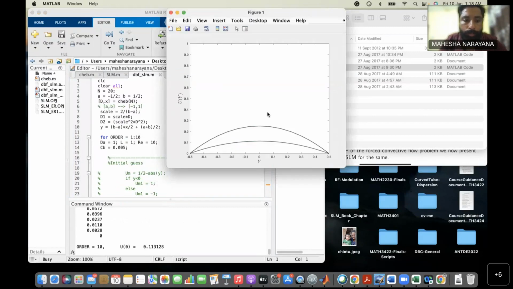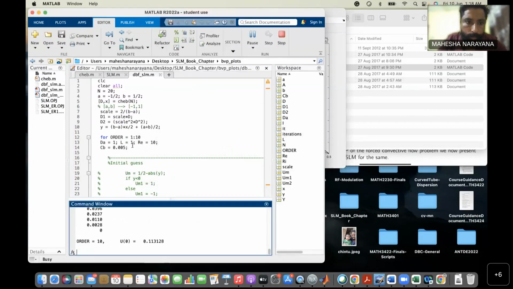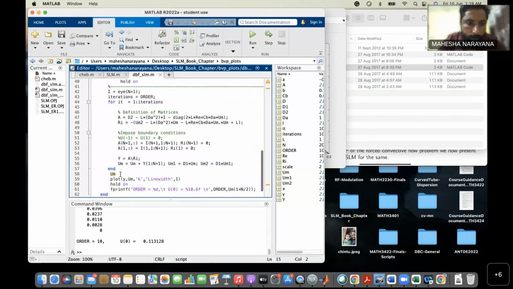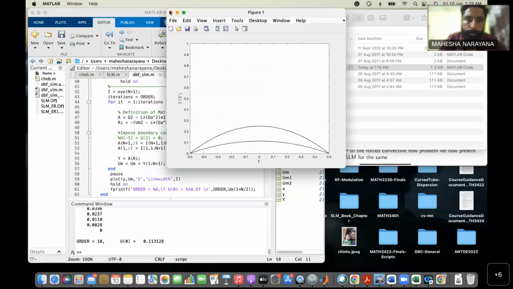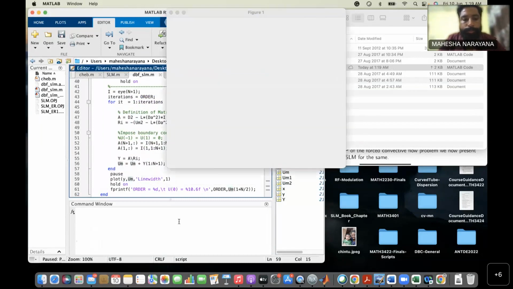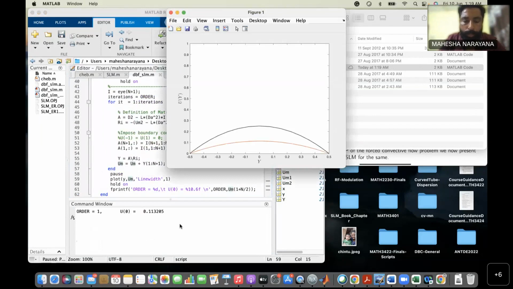So I'll just use the pause command here. See, as you can observe, this black one is the initial solution.